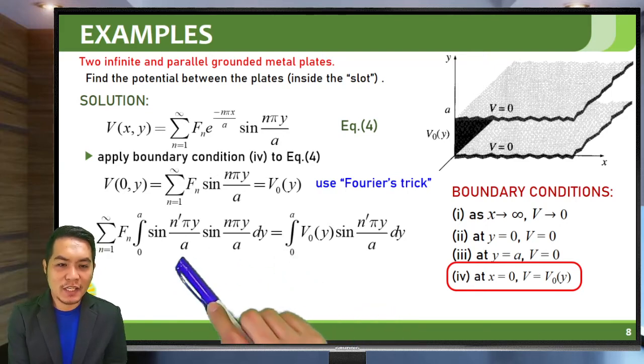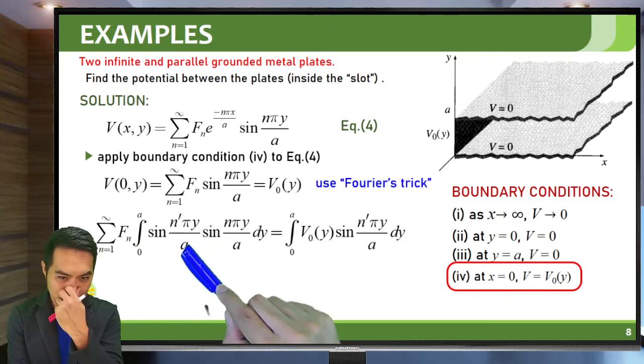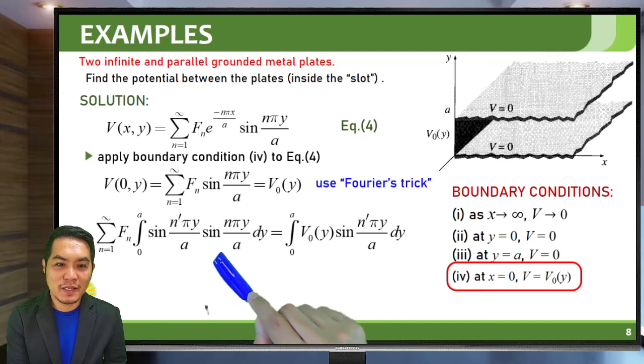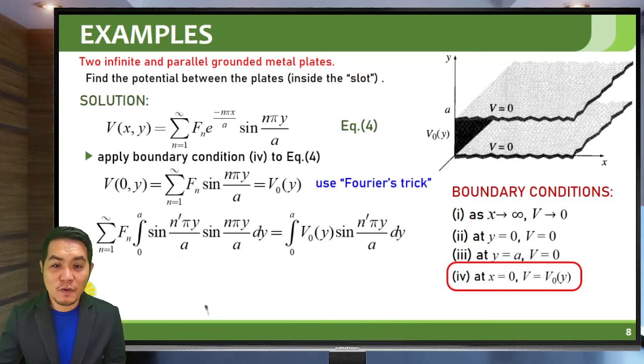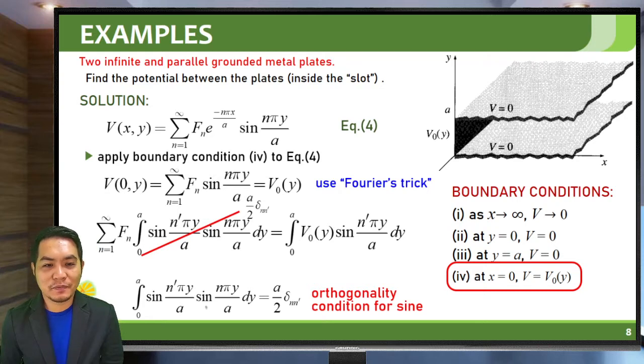This integral here is now familiar. You have sine n prime pi y over a, sine n pi y over a. This is just the orthogonality condition for the sine, and this is just equal to a over 2 Kronecker delta n n prime. So this whole integral here is just a over 2 delta n n prime. So what does this mean?